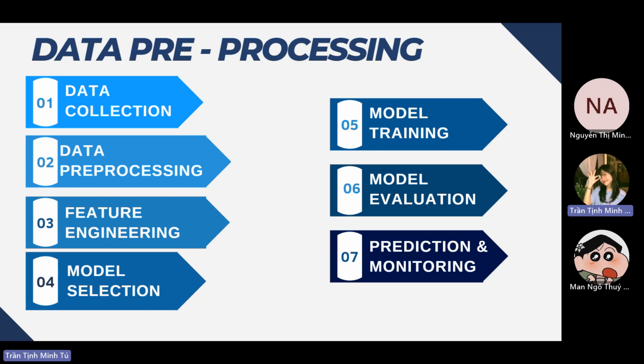After that is data preprocessing. Clean the data by handling missing values, outliers, and inconsistencies, and transform the data into a suitable format for analysis, ensuring it is ready for input to a machine learning or deep learning model. Third is feature engineering.